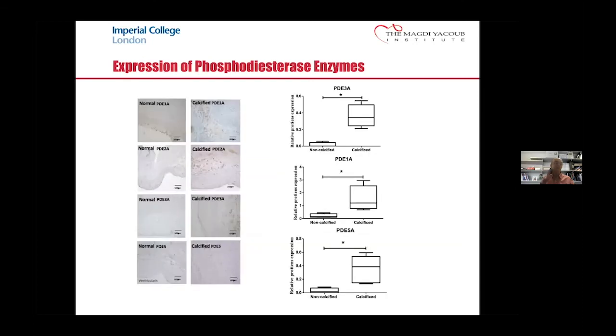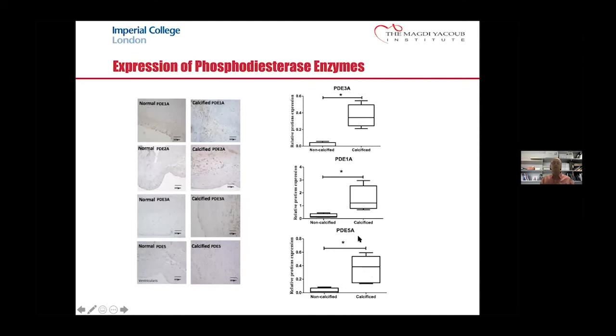And then just some of our recent data, just to add to that complexity of the protective effect offered by nitric oxide. We recently looked at the expression of phosphodiesterase enzymes. So phosphodiesterases will break down the second messenger for nitric oxide, namely cyclic GMP, and limit its effect. So phosphodiesterase inhibitors promote the effect of NO. We found that in calcified valves, a number of different isoforms of this enzyme were all increased in the presence of calcification compared to non-calcified valves.